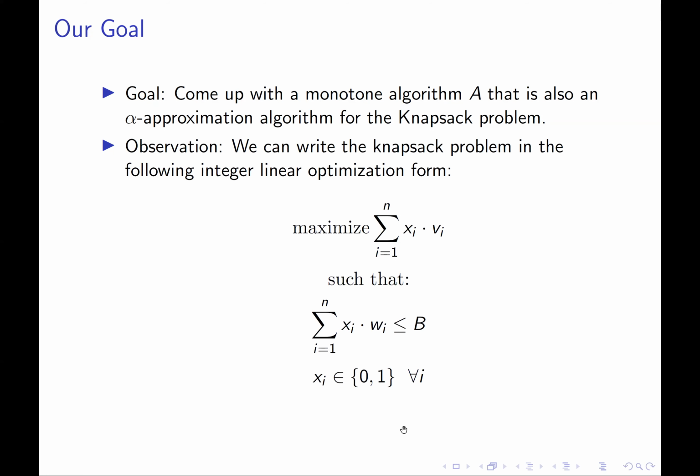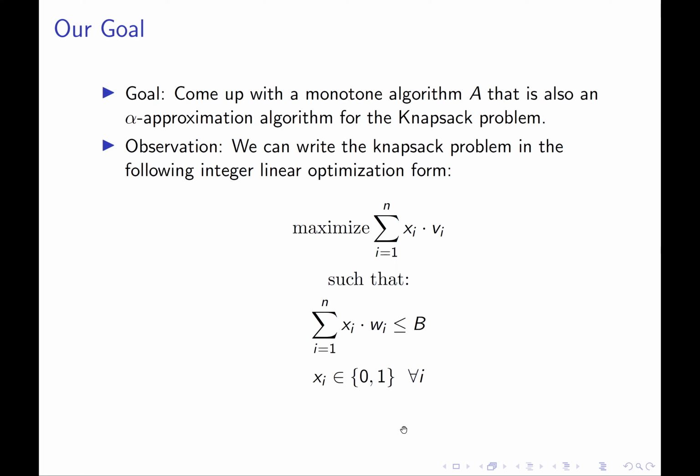And so in the rest of the class, I want to walk through a derivation of such an approximation algorithm. It's going to be helpful for us to write down our optimization problem as what's called an integer linear program. Let me describe the notation here, because there's nothing going on except a notation switch.